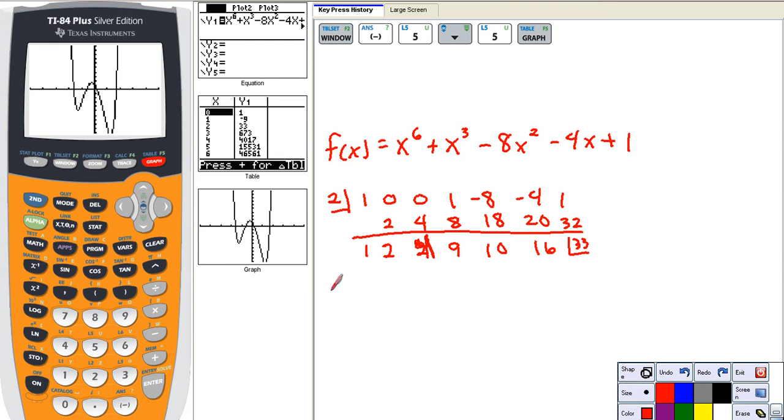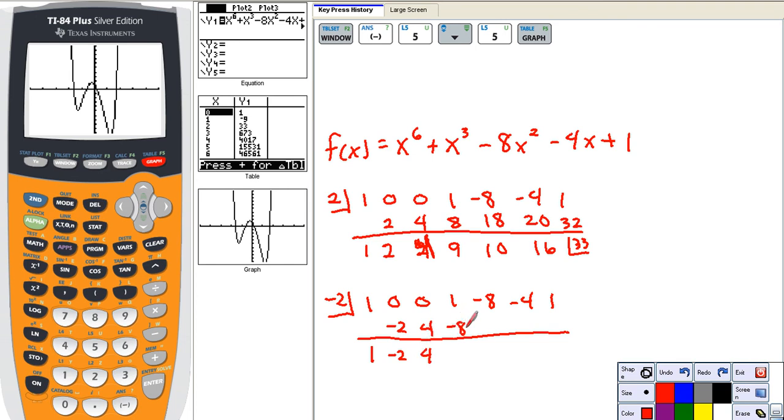Now let's do the lower bounds test. -2. And again, I'm going to start with 1, 0, 0, 1, -8, -4, and 1. Drop down, multiply, add, multiply, add, multiply, add, multiply, add, multiply, add, multiply, and add.